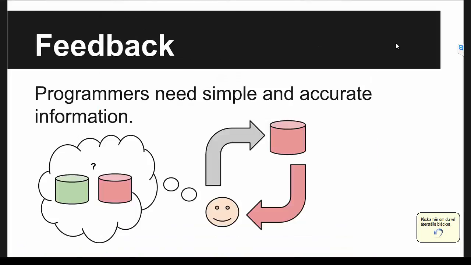Yeah. So as programmers, we need some kind of simple and accurate information from the system. So this programmer is thinking of something, and he asks the system and gets information back. Is it green or red? It's red. So it gets accurate, simple information from the system.